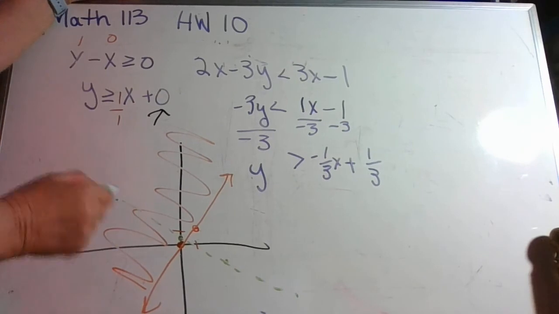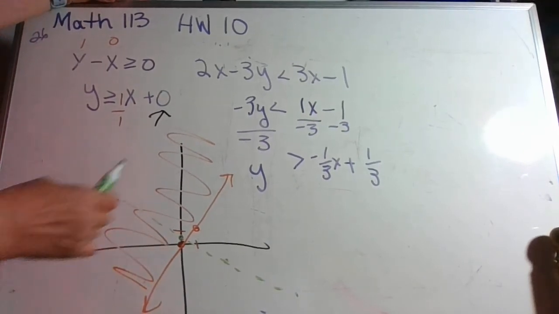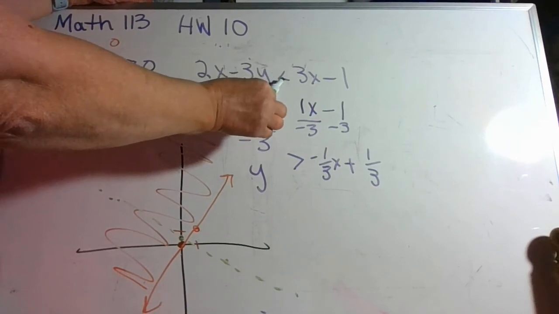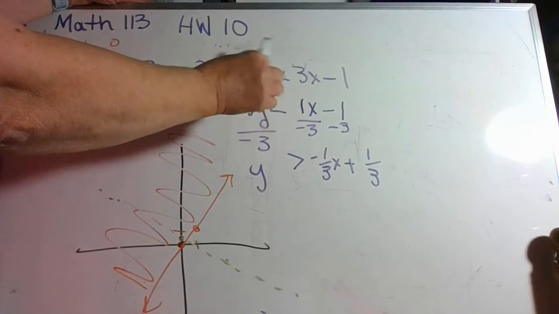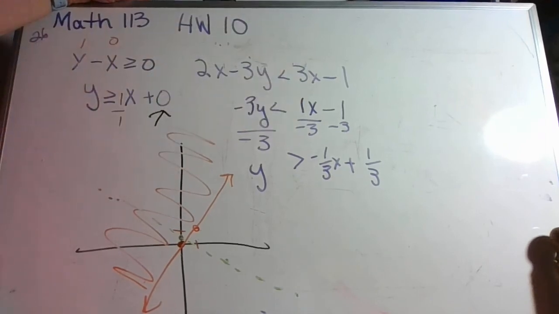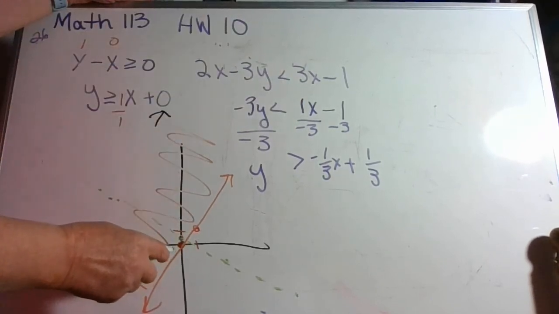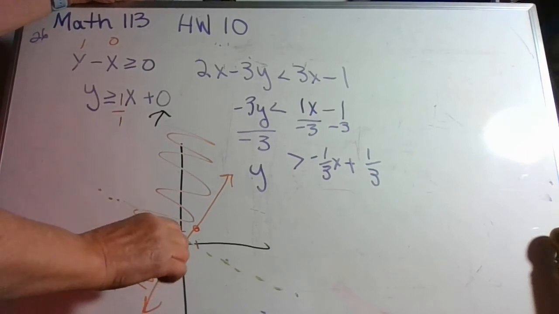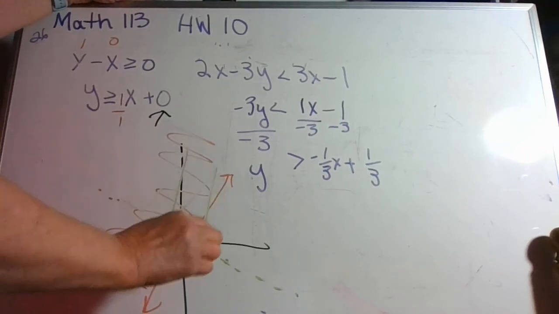And I can actually use 0, 0 for that one. 0, 0. Is 0 less than negative 1? No, it is not. So I will not color in this side. I will color in this side.